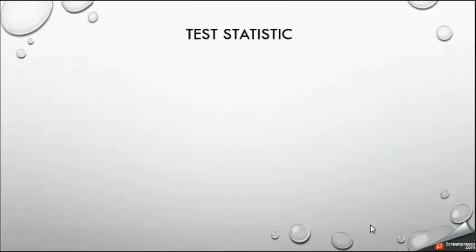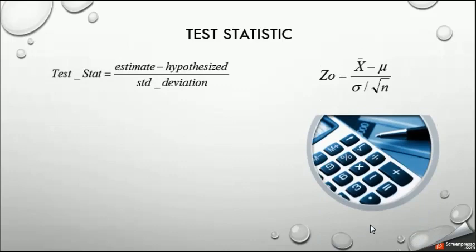So what will happen after that? This is an important step in test of hypothesis: to choose the test statistic. Now we know the sigma square of the population, or the variance of the population. Now we are testing for a specific mean for the population, and we have estimated the sample mean.